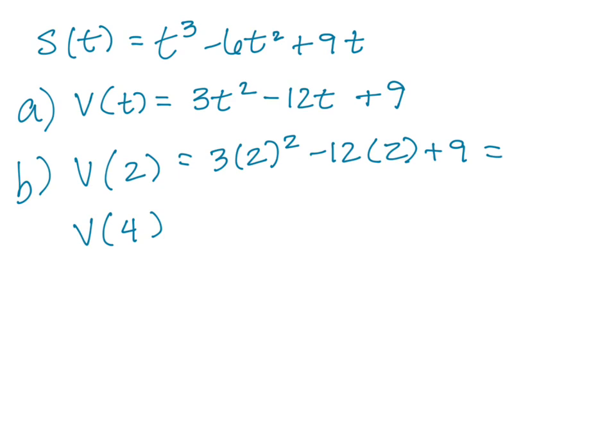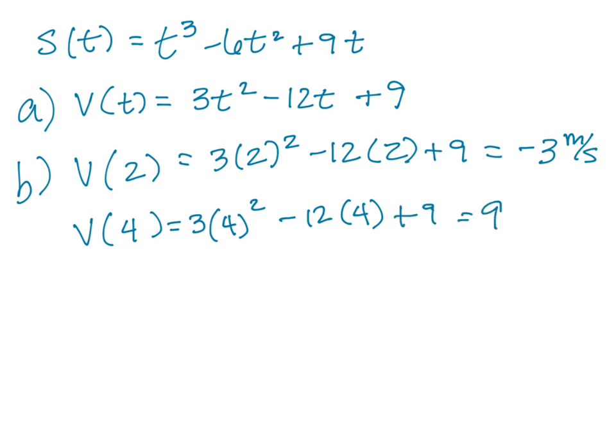We got 12 minus 24 is negative 12 plus 9, negative 3 meters per second. Did they tell me units? Yep, where t is measured in seconds and s is measured in meters. Okay, v of 4: 48 minus 48 plus 9, 9 meters per second.